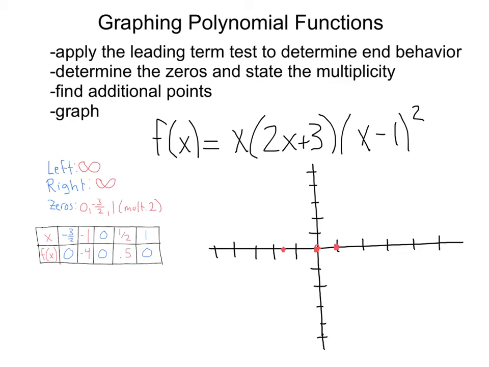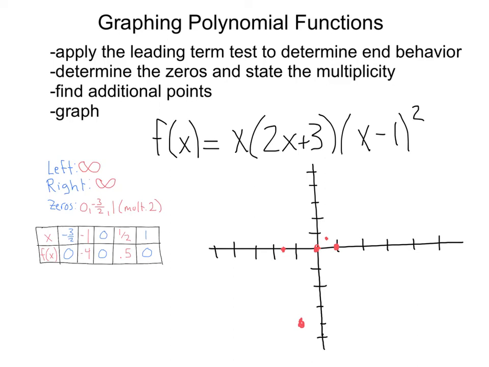Next up, I'm going to plot my additional points. The additional points I got were negative 1, negative 4. That's going to be negative 1, negative 4, all the way down here. And my other additional point was 1/2, 0.5. That's going to be 0.5 right about here.